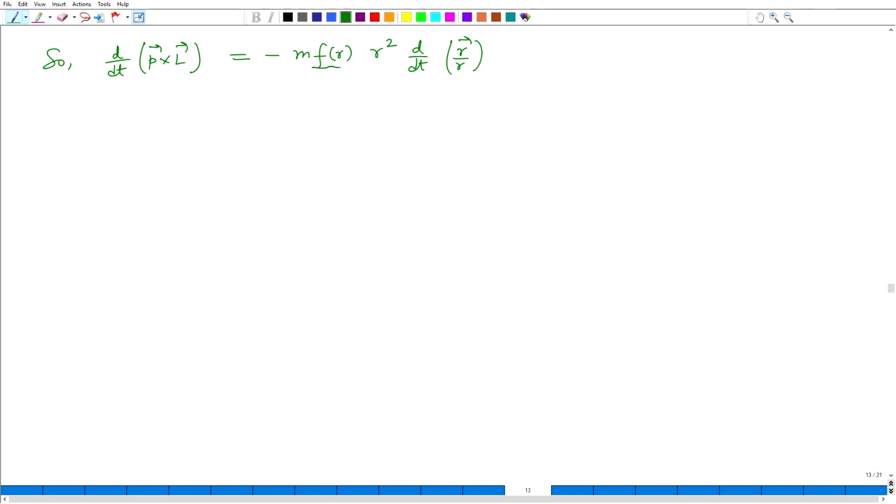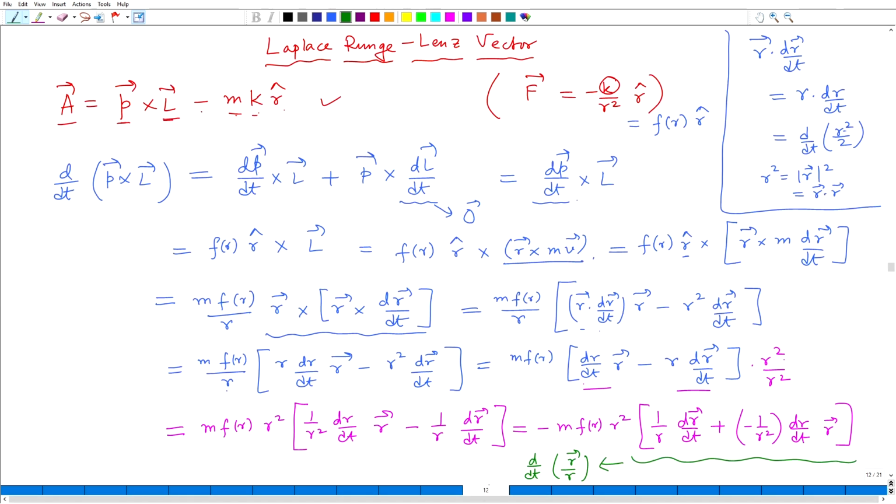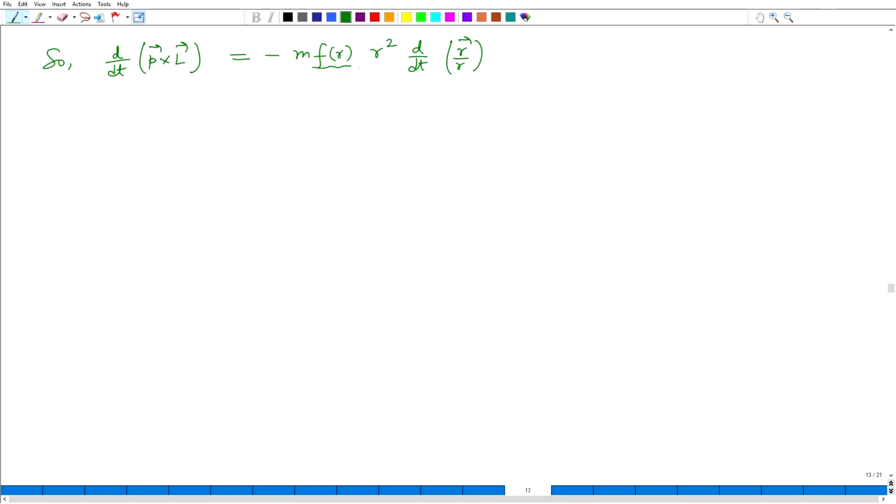Now, what is f r? F r is, if you remember, minus k by r square. So, f r times r square will be minus k. So, there is a minus, so it will be m k d dt of r vector by r.